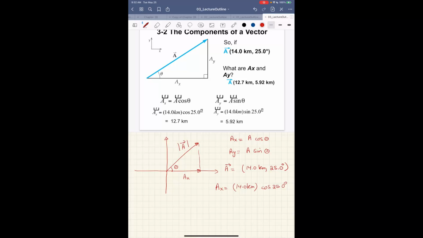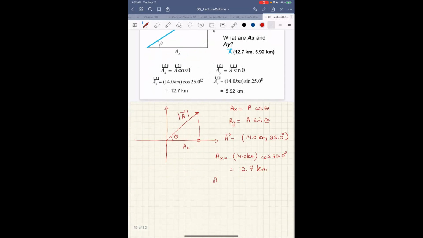That gives you 12.7 based on significant figures. AY is 14 times sine 25, which gives us 5.92 kilometers.